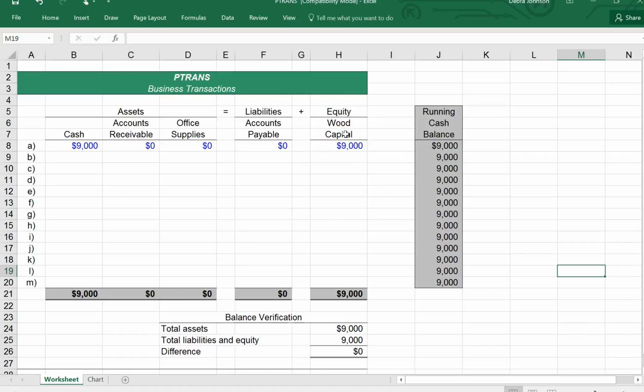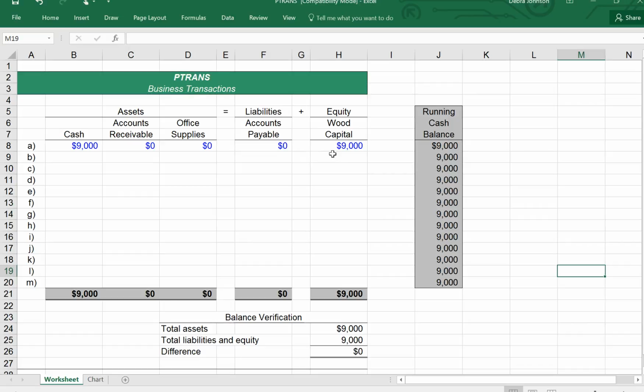And in contrast, expenses or costs needed to support the revenues will be shown as a decrease to equity. Finally, any drawings or amounts taken out of the business for personal use will be shown as a decrease to capital. Remember, we are not using any debits or credits in this problem.